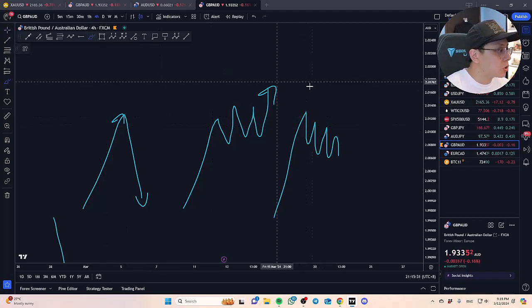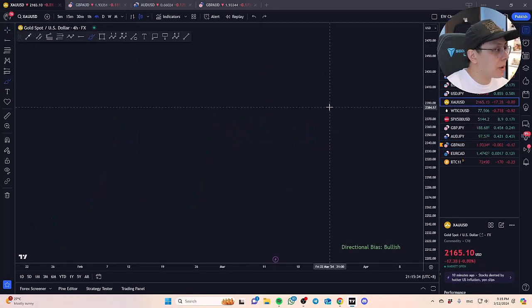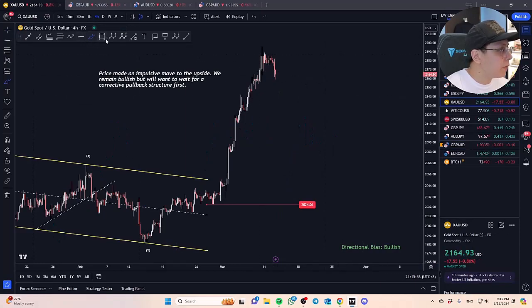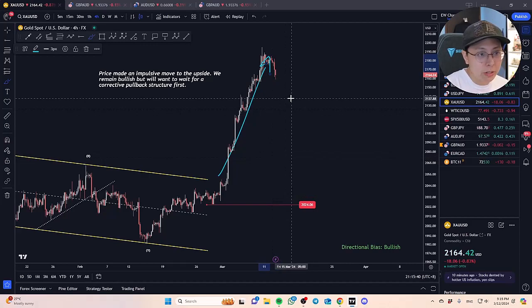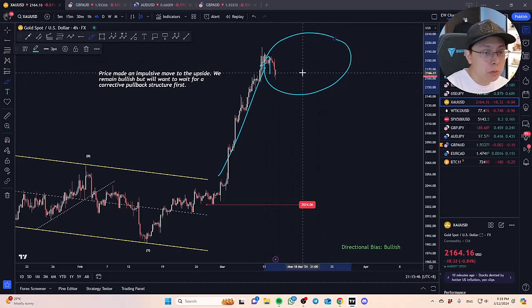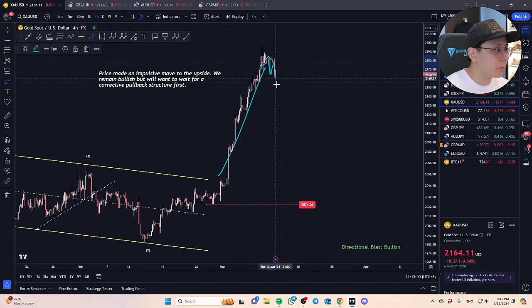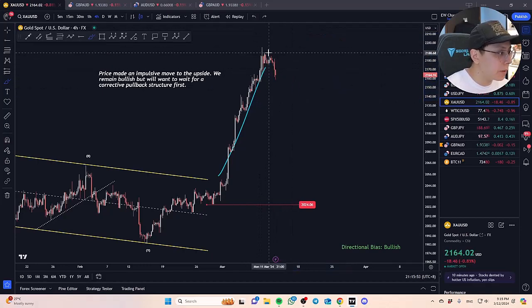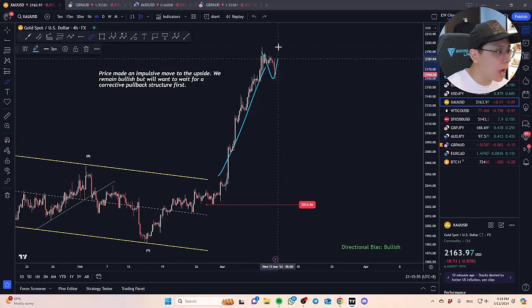So going back to gold. If all you have is only an impulse move here, you do not want to trade. Why? The reason is quite straightforward. There are 3 possible patterns the market can develop after an impulse: it can come down slow, come down fast, or go up slow.